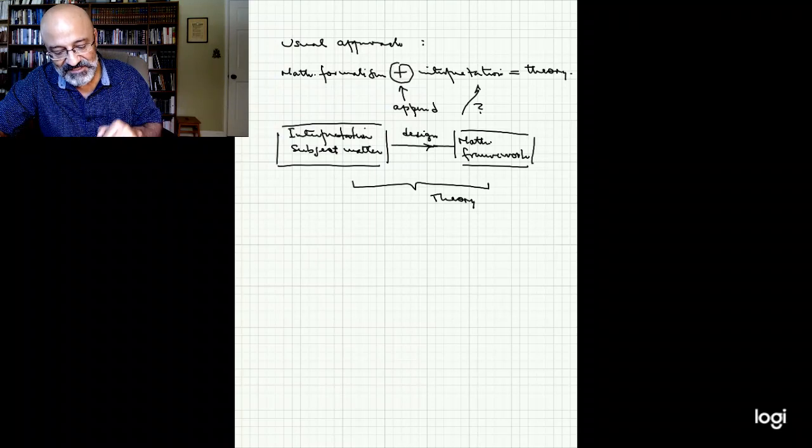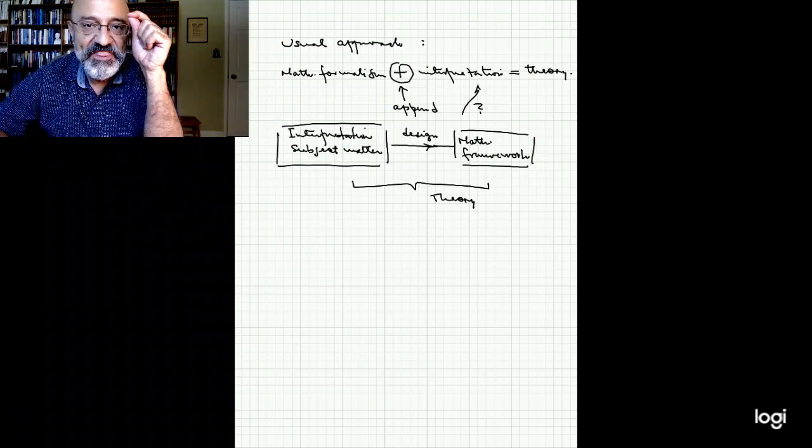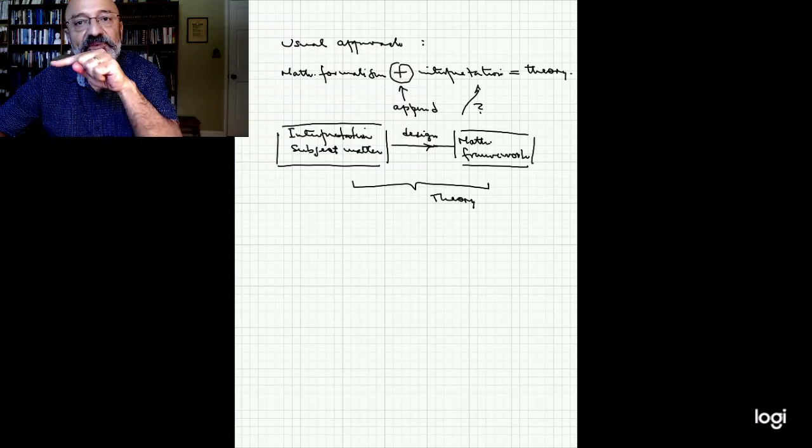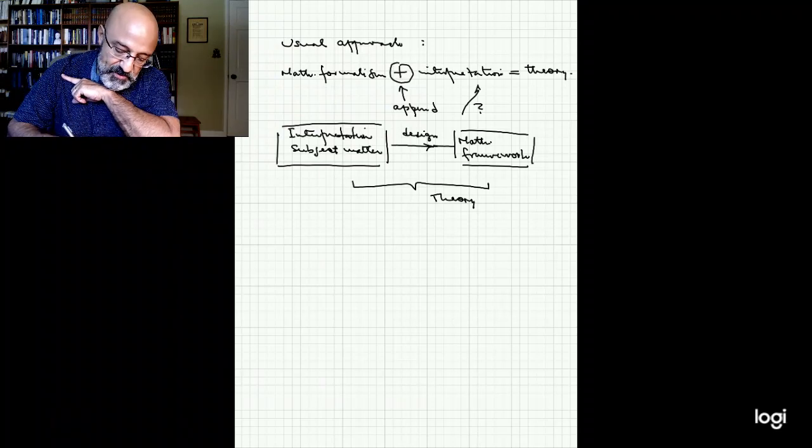On the other hand, here we start with a more or less clear language. We proceed to design the mathematical framework, and the mathematical framework is what we can compare to experiment. So here we would be trying to compare to experiment things that always produce the same numbers, because it's the same mathematical formalism.